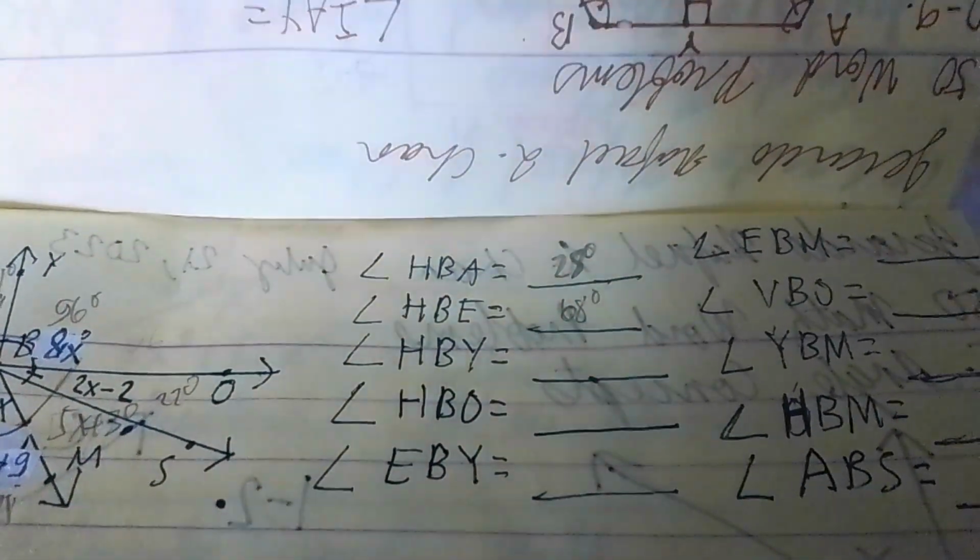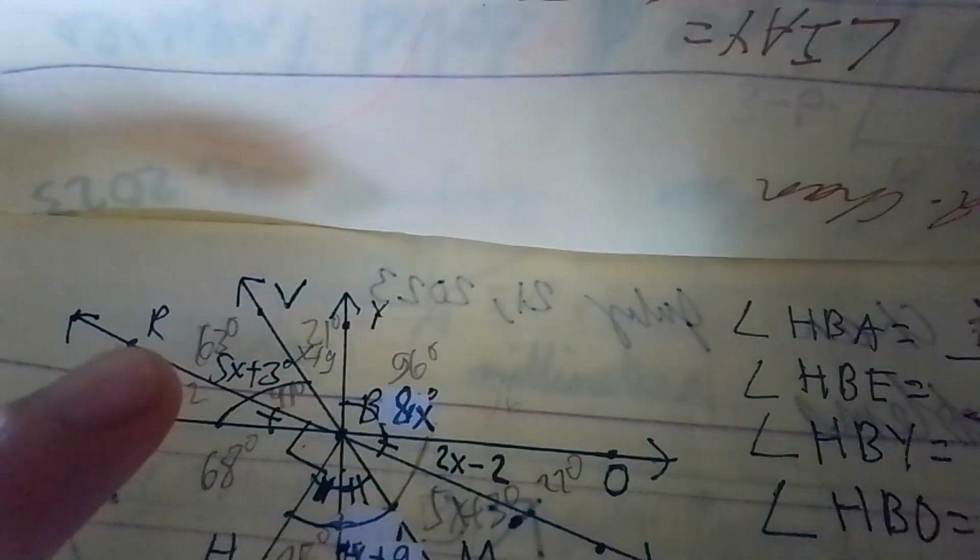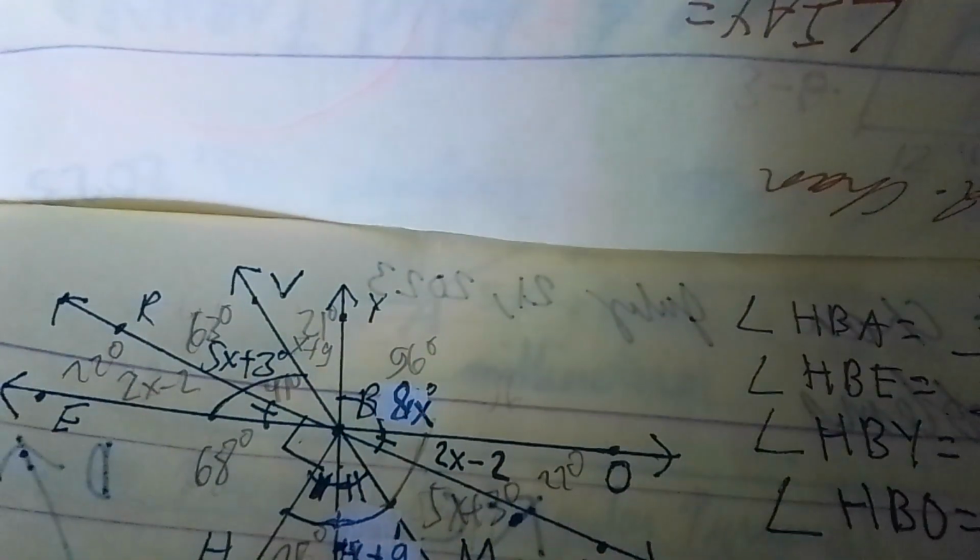How about angle HBY? Remember angle HBY? Where is that in the drawing? HBY. Yup, you just need to add 68 plus 22 plus 60 plus 68 plus 63 plus 21. Of course, that's 84 when you sum these two together. 21 plus 63 is 84.